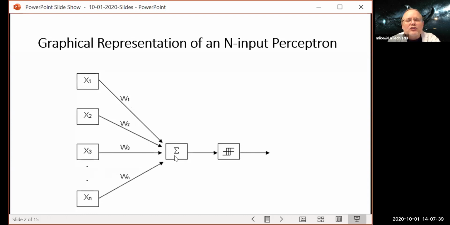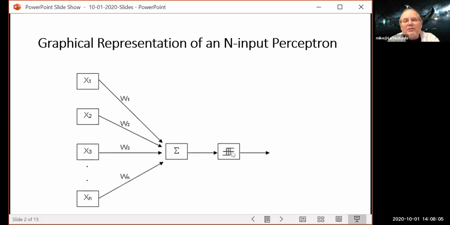This summation unit simply has the weighted sums of the inputs. And then the sum of those inputs, that number, which will be a scalar, will be compared to a threshold. This is a threshold comparator. That's the symbol for a threshold comparator from electrical engineering.